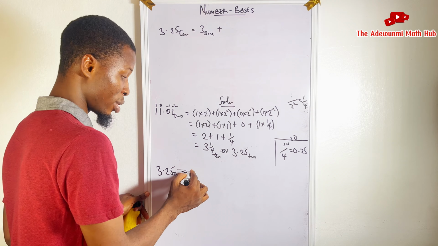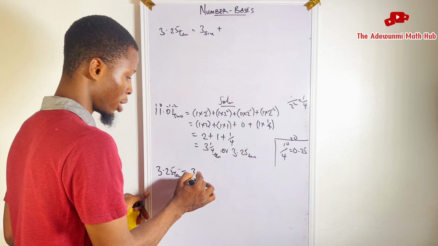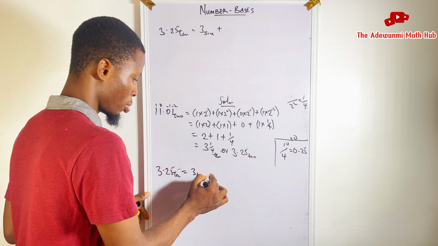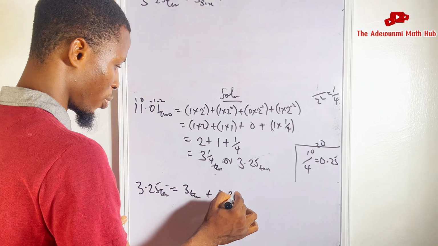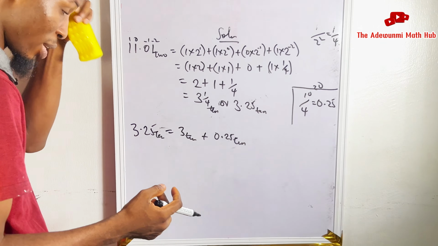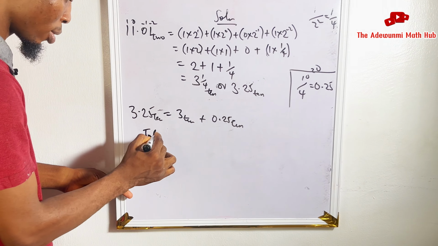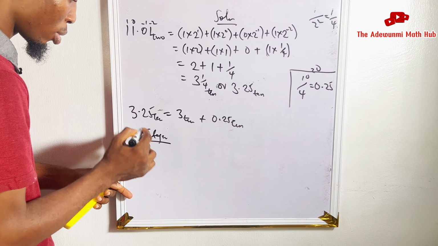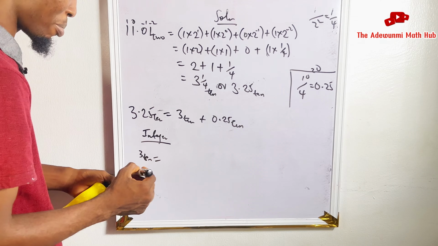Now we are going to divide into two, the integer separately and the decimal separately. We have 3 base 10, then plus 0.25 base 10. So this is what we want to convert to base 6. But note, let's start with the integer. So we have 3 base 10. We want to convert it to a number in base 6.